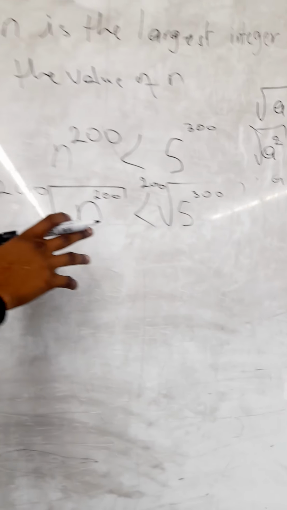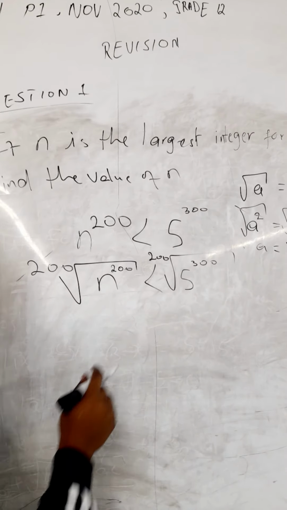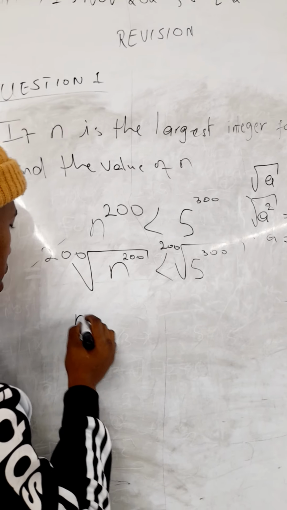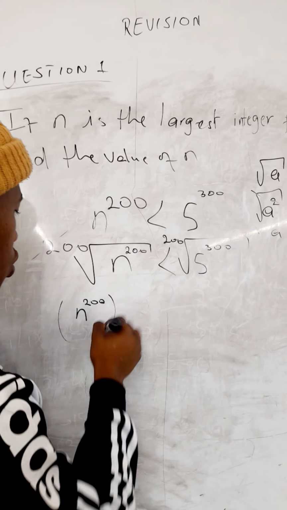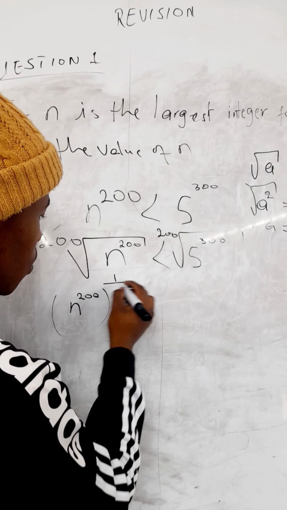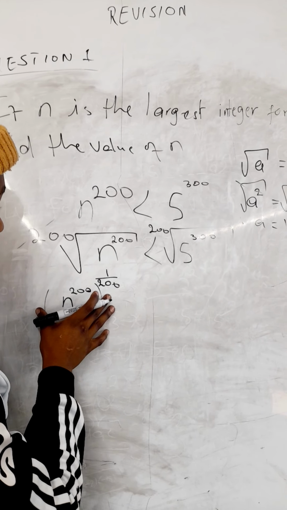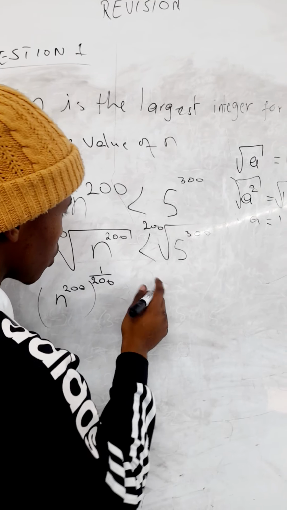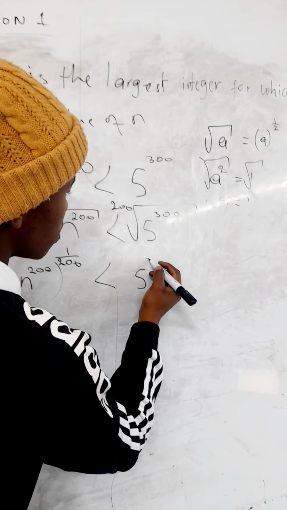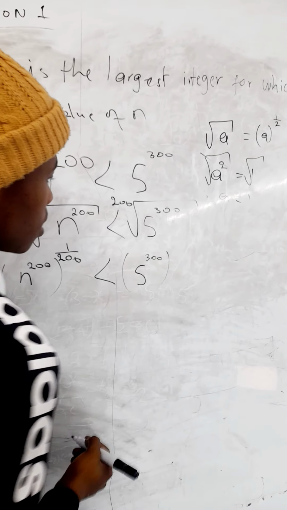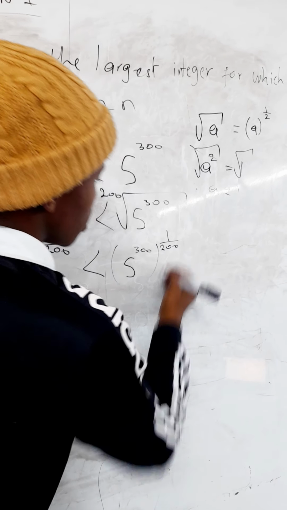So now let's write this in exponential form. We have n to the power of 200 all raised to 1 over 200. Also on this side we have 5 to the 300 all raised to 1 over 200.